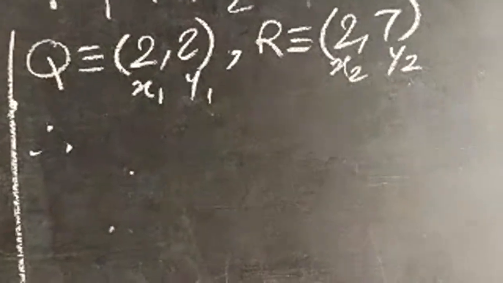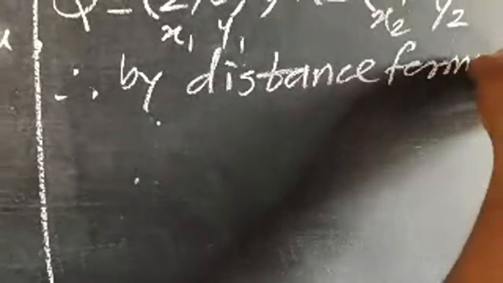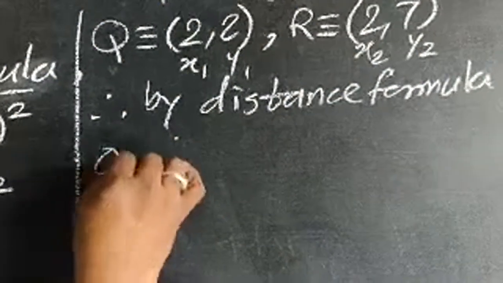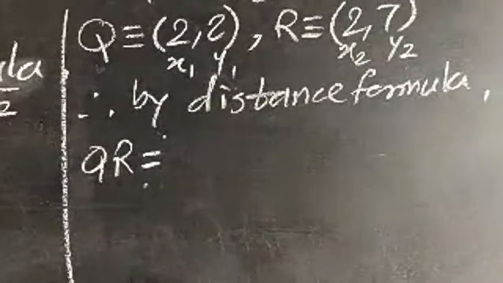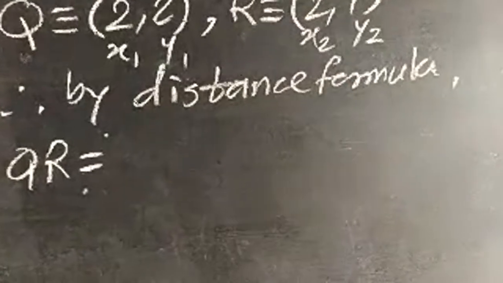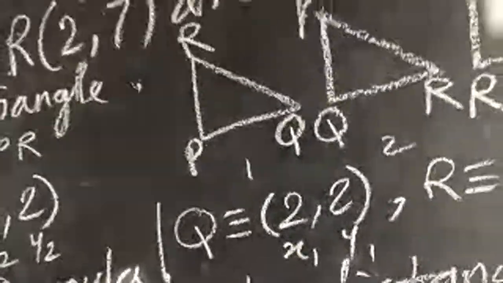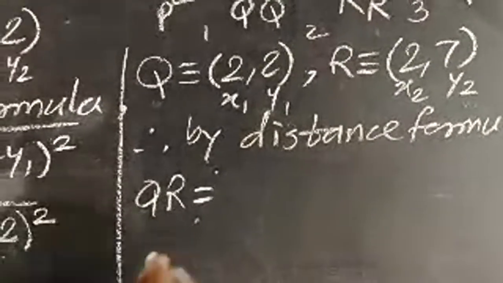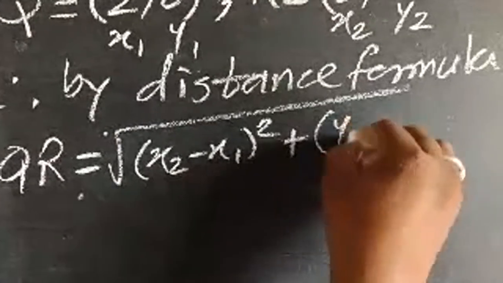Therefore, by distance formula, QR is equal to square root of (x2 minus x1) bracket square plus (y2 minus y1) bracket square.